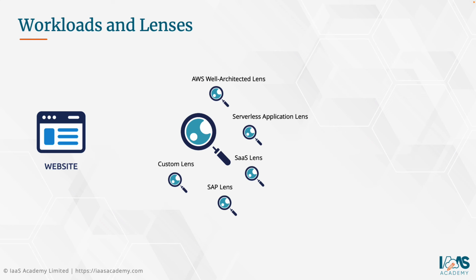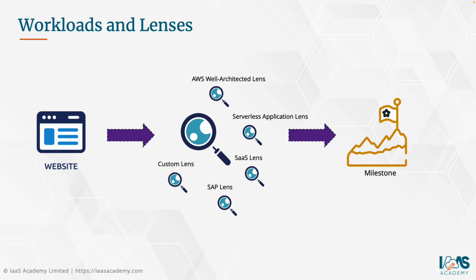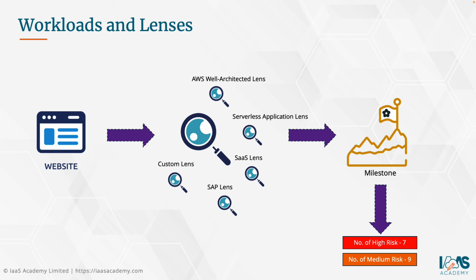And what happens then is that you rerun the lens against those workloads again. And this time, hopefully what you get is a better outcome, a better milestone, a milestone that has achieved some of the recommendations of those lenses. And ultimately, your aim is to try and reduce the risk factors from what it was earlier to 0.